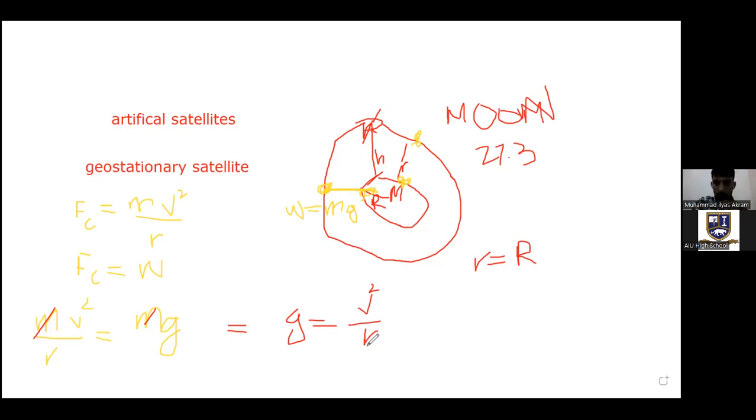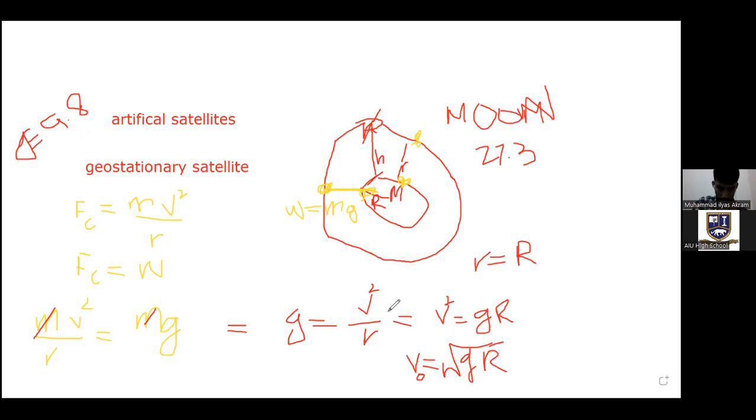So we can bring this R to this side, and the formula will be V square equal to G capital R. And by taking the square root on both sides, we can say that V equals under root G R. So that is the orbital velocity of this satellite, where g is equal to 9.8 meter per second square, and the radius of Earth is equal to 6,400 kilometer.